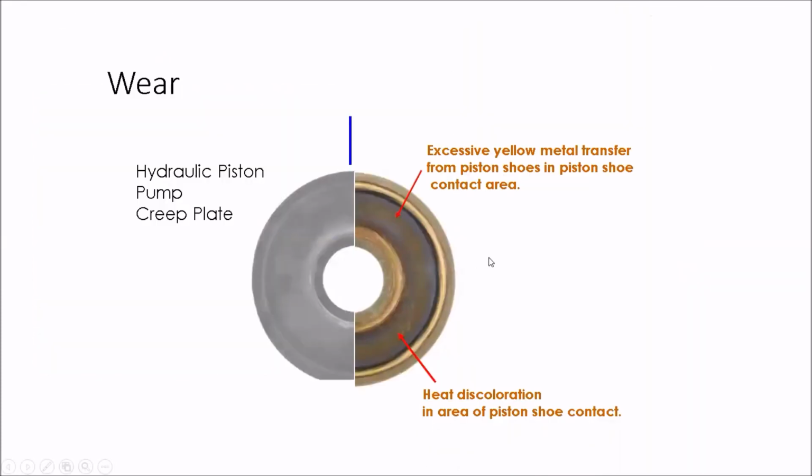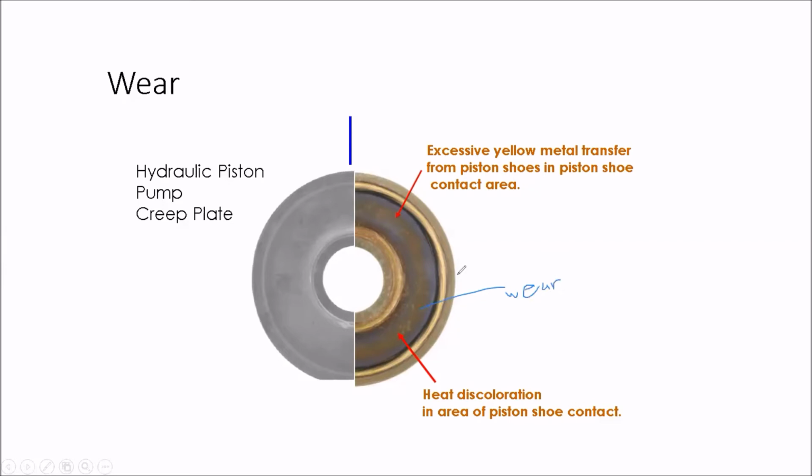How can you notice this? Sometimes we can notice a yellow metal transfer from the piston shoes. You can see a yellow deposit on the piston surface, and the color is different. You can notice different colors here and here, so you can know that it's starting to wear.